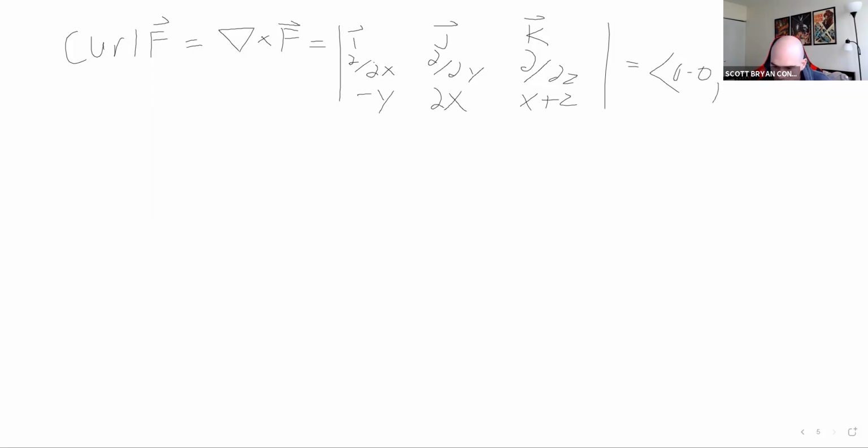And then doing the same, we get 0 minus 1. And then we get 2 minus negative 1. So our curl of our vector field is just 0, negative 1, 3. Which is nice. It's a very simple curl, very simple thing to integrate. It's just a constant.